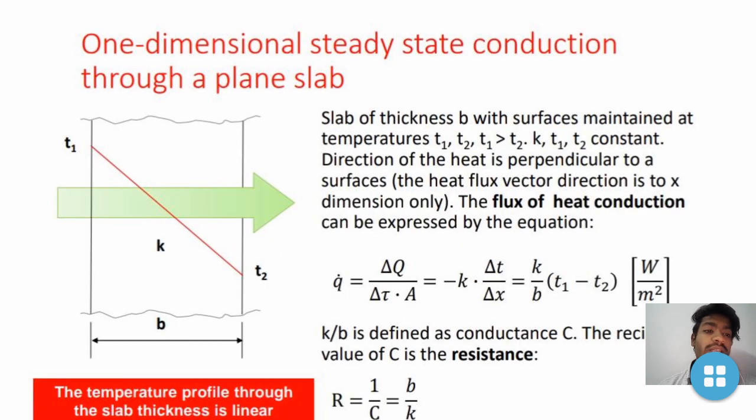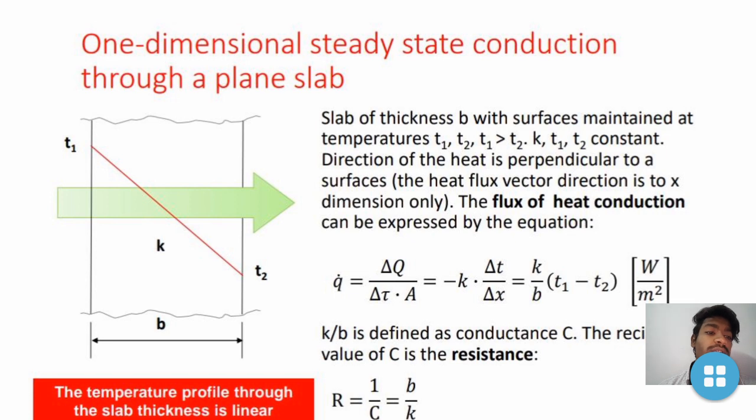One dimensional steady state conduction through a plane slab. A slab of thickness B has surfaces maintained at temperatures T1 and T2, where T1 is greater than T2, in kelvin. T1 and T2 are constant. The direction of the heat is perpendicular to the surface.